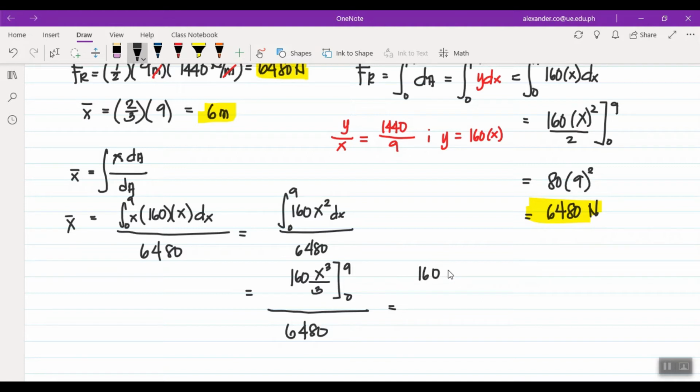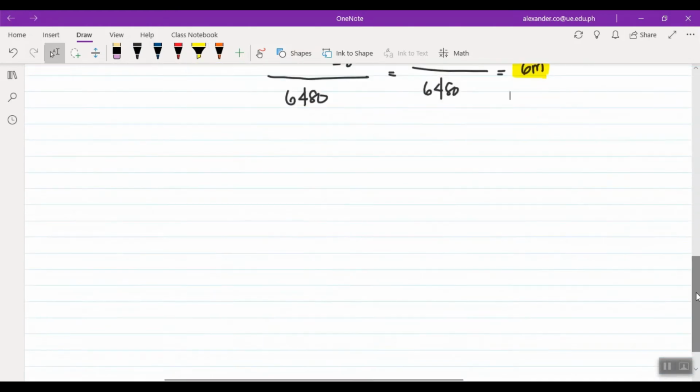So, 160 times 9 raised to 3 over 3, over 6480. And the answer is using your calculator. And the answer is 6 meters, the same. Tama?